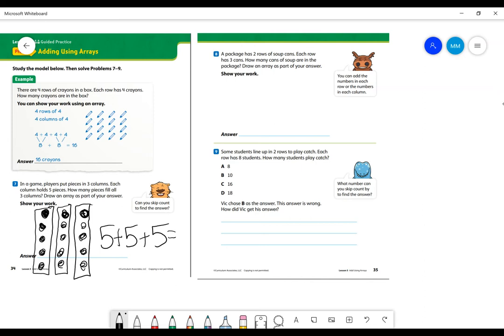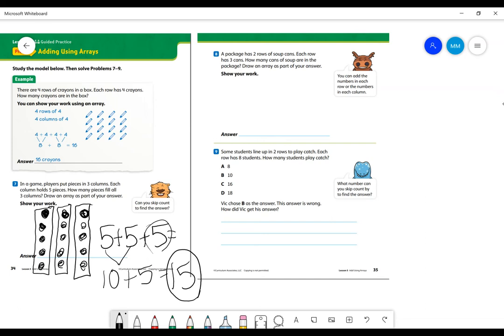And now I can add my parts. So 5 plus 5 is a doubles fact, and 5 plus 5 makes 10. And we can't forget our extra 5, so 10 plus 5. Ooh, we could also have skip counted by 5. So 5, 10, 15. How many pieces in all? 15.